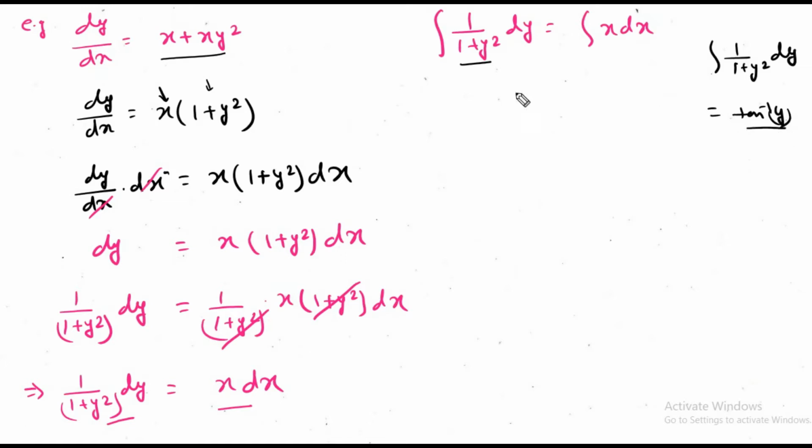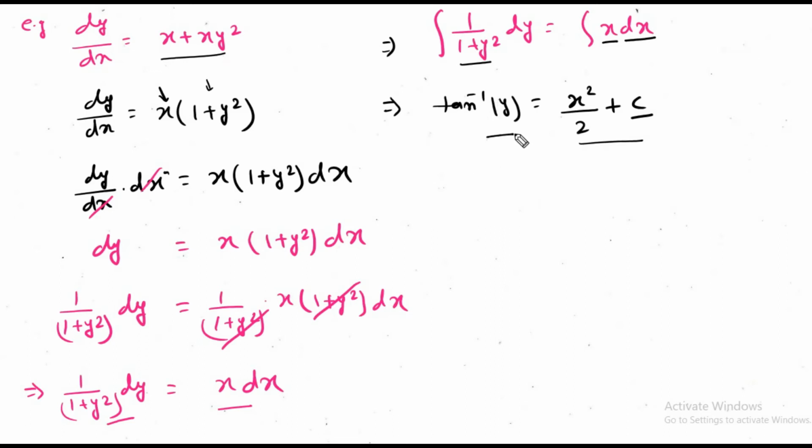So putting this value in the equation, tan inverse y is equal to, and if we integrate x with respect to dx, we get x square by 2 plus some constant which is c. This is the general solution of this equation.